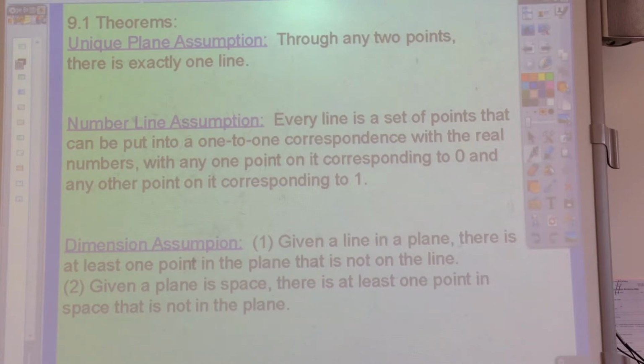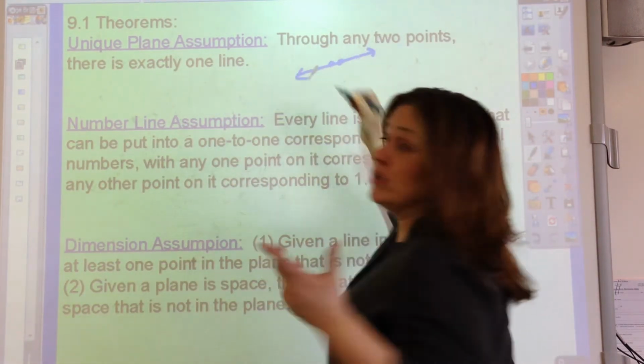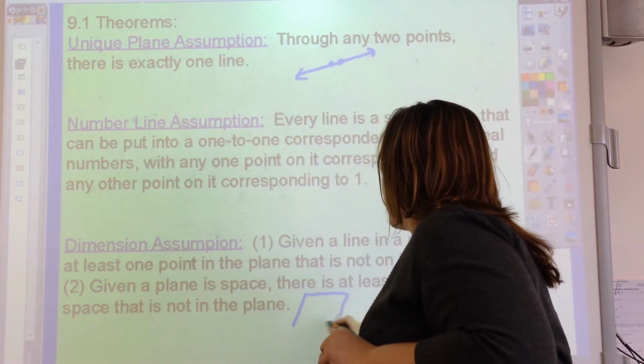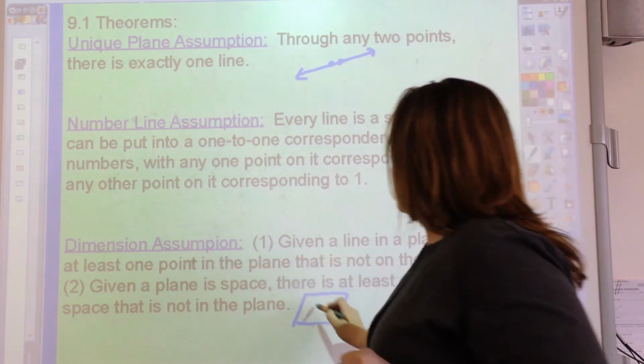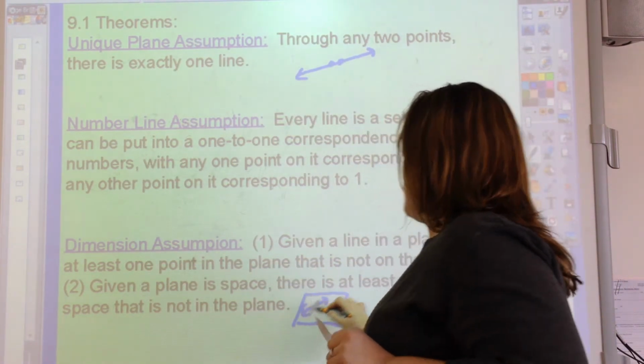Your dimension assumption says that given any line in a plane, there's at least one point in the plane that's not on the line. And given a plane in space, there's at least one point in the space that's not on the plane. For example, if I have some plane, there's at least one point in the plane that's not on my line.